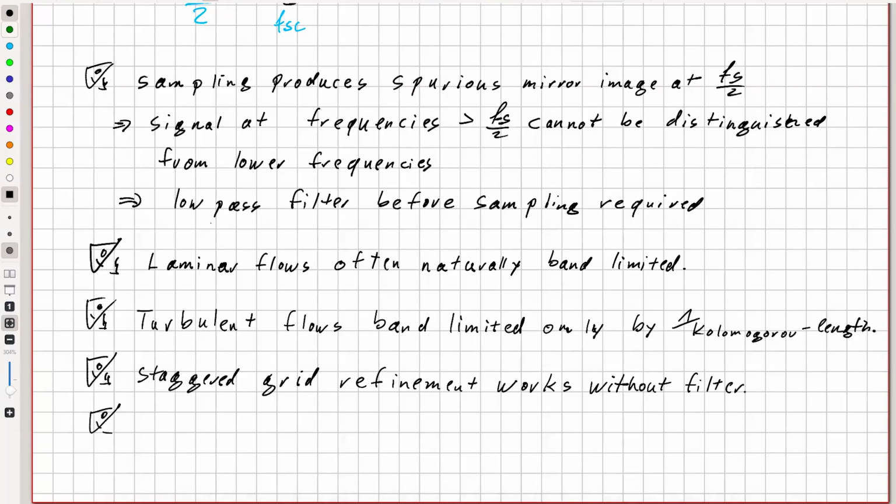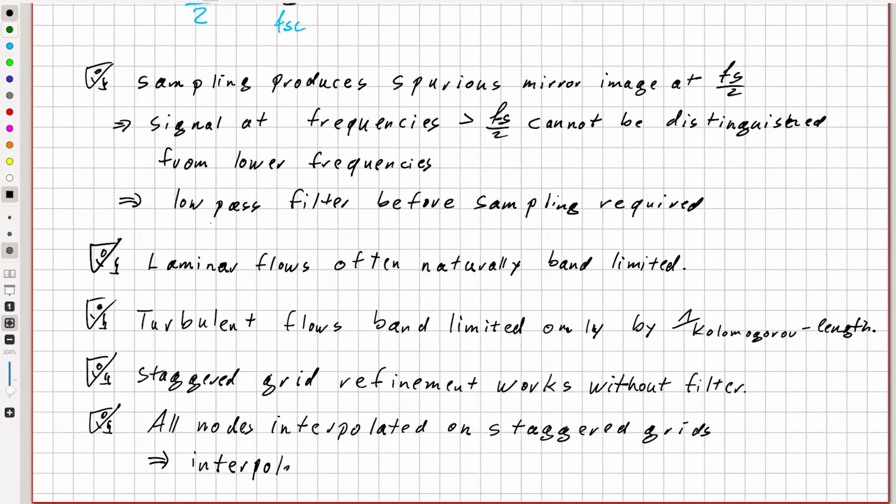The thing is, if you have a staggered grid, then you don't have any overlap, so you obviously have to interpolate all of them. All the nodes are interpolated on staggered grids. And the interesting thing here is that interpolation is a low-pass filter.